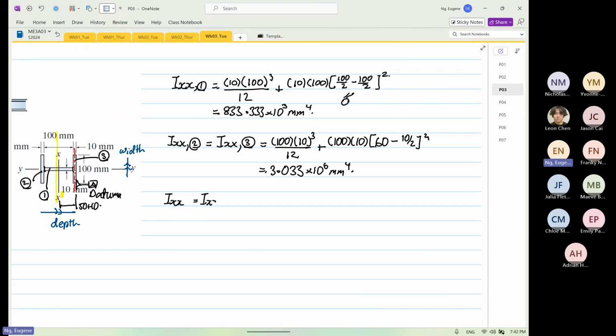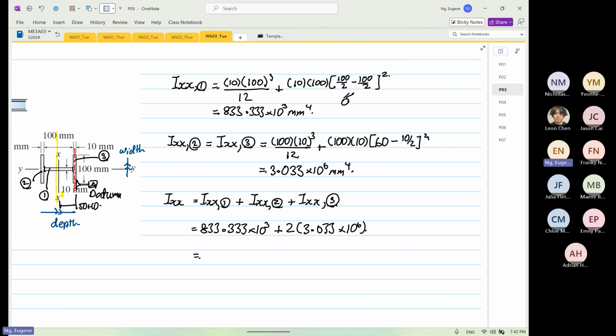Okay, so therefore Ixx for the whole thing will be equal to Ixx1 plus Ixx2, and then plus Ixx3, knowing that Ixx2 and 3 are the same. So it's 3.333 times 10 to the power 3 plus twice 3.033 times 10 to the power 6.